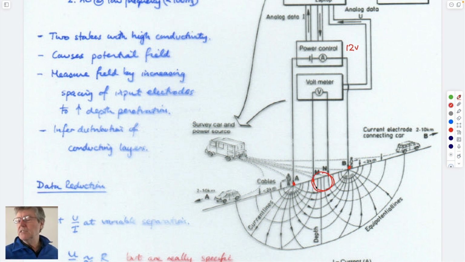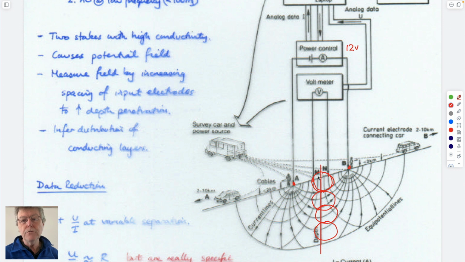So as you increase the separation between A and B, you'll progressively be sampling deeper and deeper into the subsurface. By physically being in one spot over one location, it could be on top of where you drilled your borehole, you step out with these individual probes in the ground further and further.